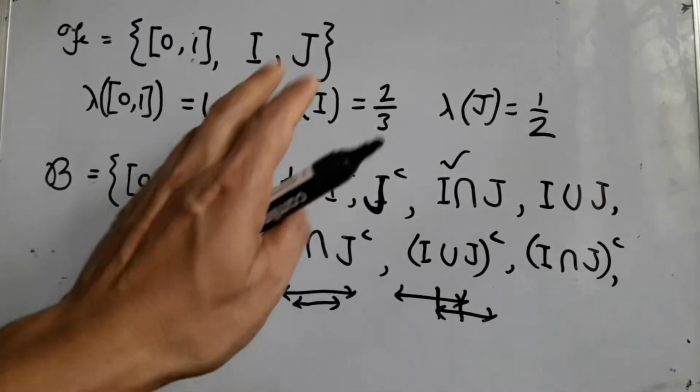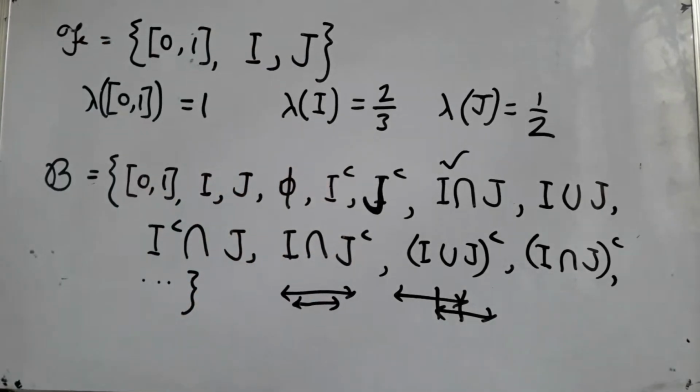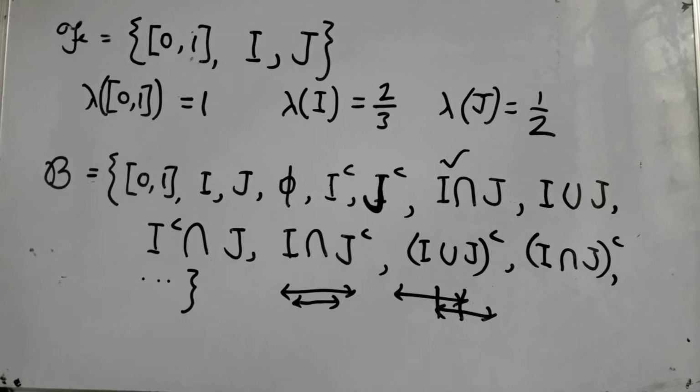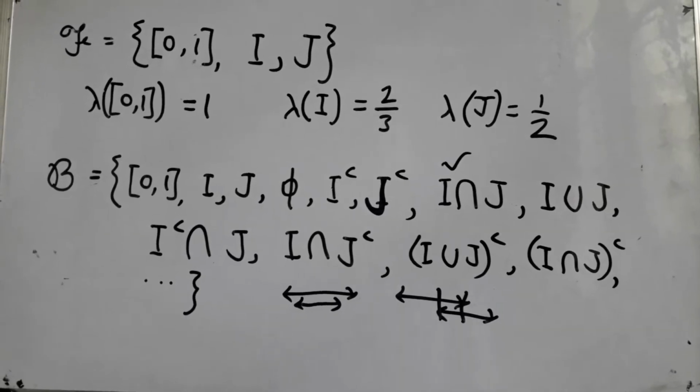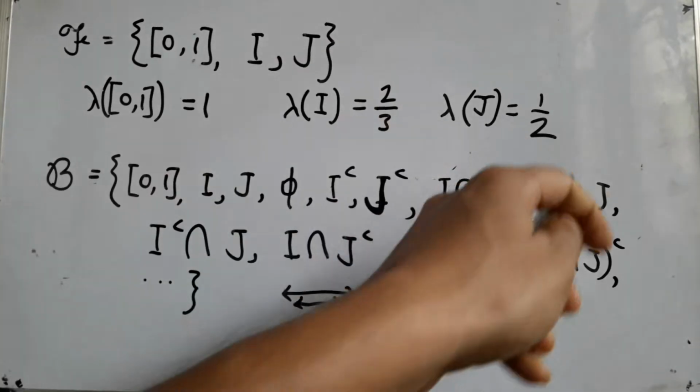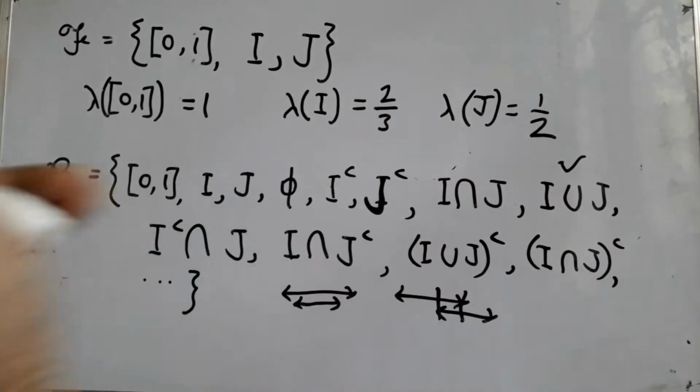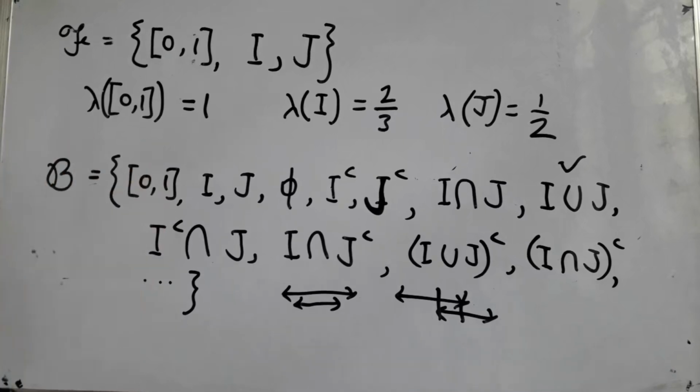In this case at least, it turns out that script F should be closed under intersection. That's a sufficient condition. I'm not saying it's a necessary condition. For instance, if I specify this, then also you can work out all the rest. But that is one condition which works in every case.